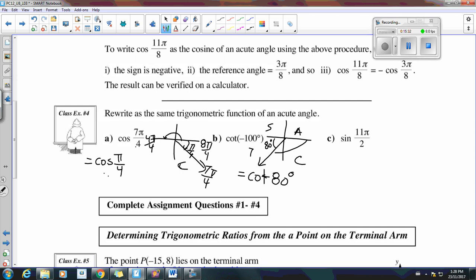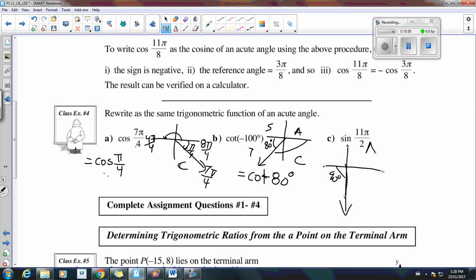Lastly, sine of 11 pi over 2. Well, where does 11 pi over 2 end up? Well, this is 0 pi over 2, 1 pi over 2, 2, 3, 4 pi over 2, 5, 6, 7, 8, 9, 10, 11. So we end up all the way down here. This has a reference angle of 90 degrees. No matter which way you go to the axis, it has a reference angle of 90 degrees.